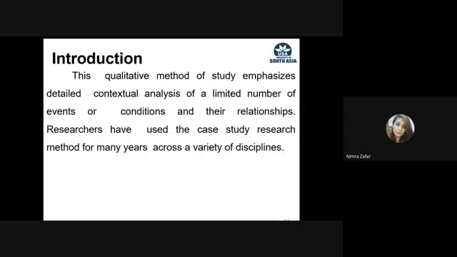This qualitative method of study emphasizes detailed contextual analysis of a limited number of events or conditions and their relationship. So basically, we conduct contextual analysis in case study. And what is the contextual analysis?